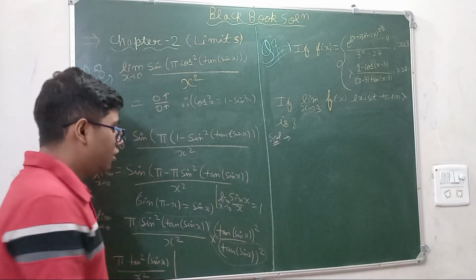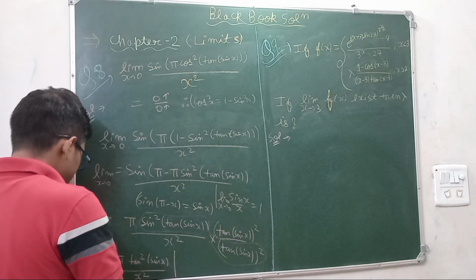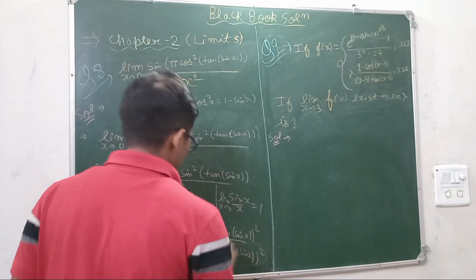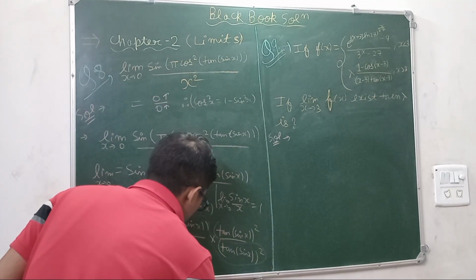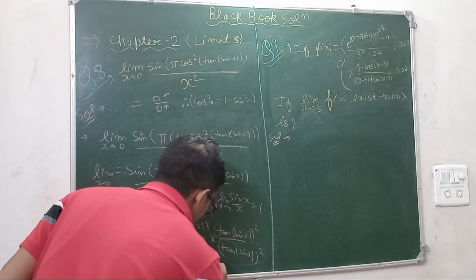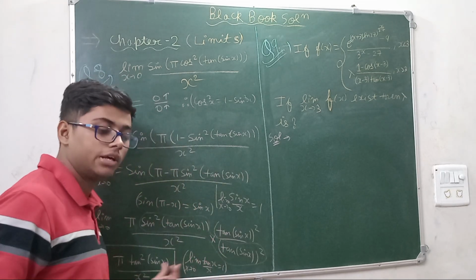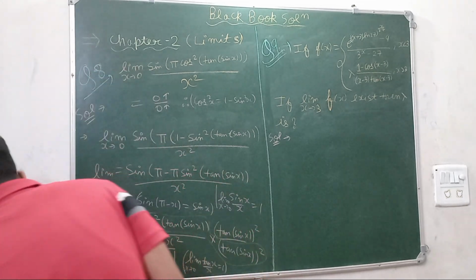Now again this is 0 by 0 form. We will be applying another standard result. We know that limit x tends to 0 of tan x by x is 1. We are applying the same thing here, so we will apply now.